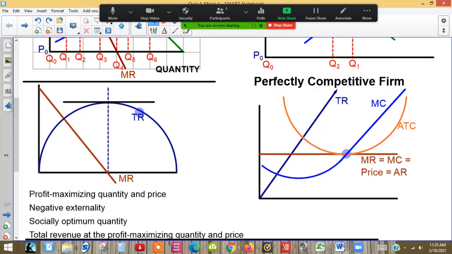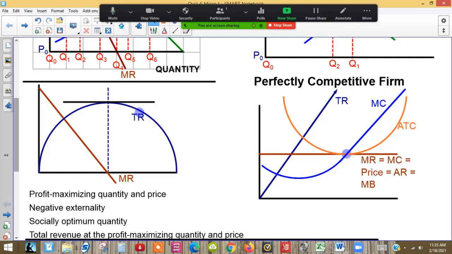And it is also productively efficient because they're at the minimum of average total cost, and allocatively efficient because marginal cost equals marginal benefit, which is what the demand curve is. I could actually add that in there. I could say equals marginal benefit, right?